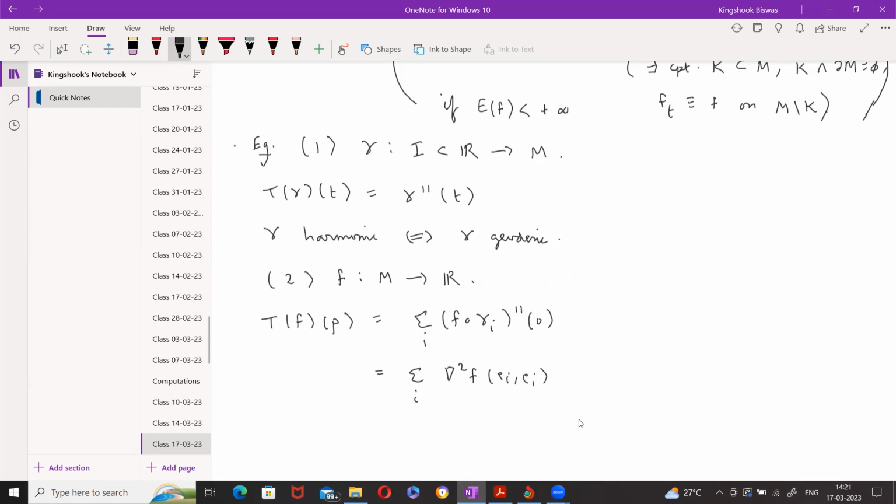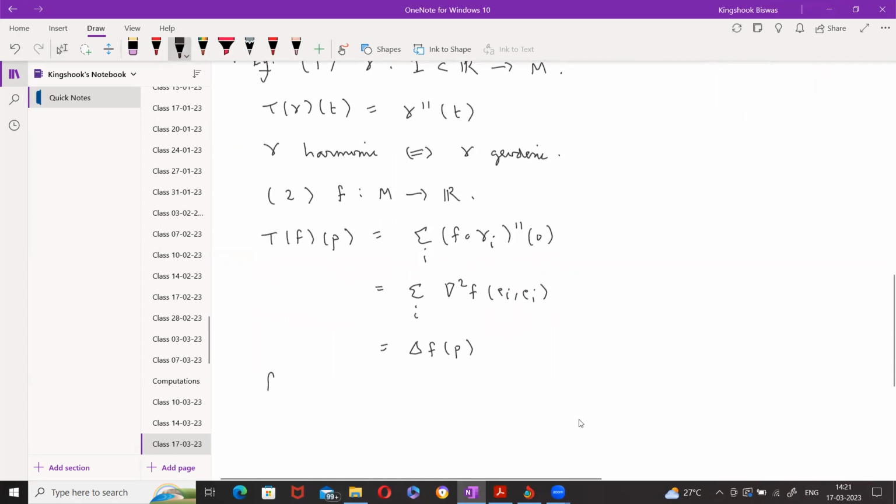So this is the trace of the Hessian, which is nothing but the Laplacian of f. So f is a harmonic map if and only if it is a harmonic function. Is this clear? Yes, sir.